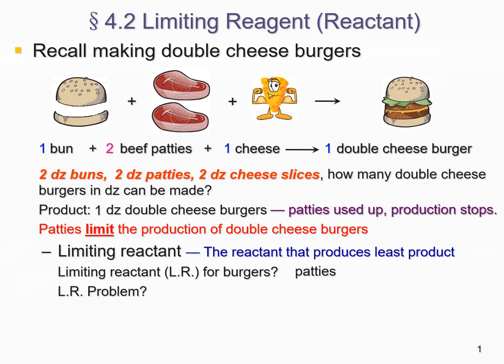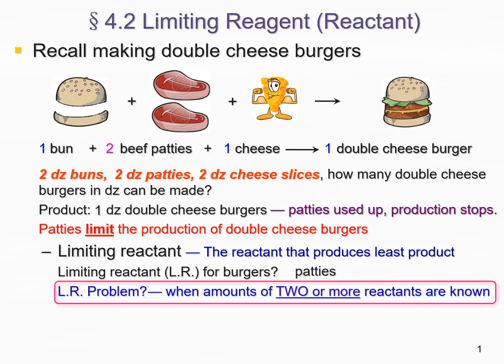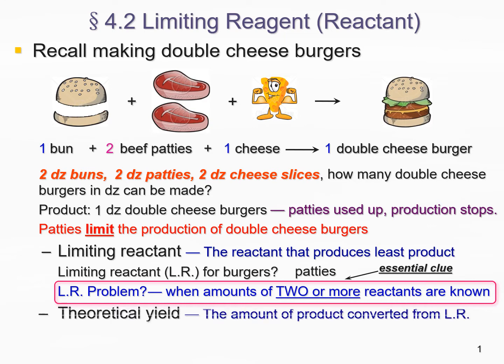So once we know the amounts of 2 or more reactants, that leads us to compare which reactant could limit the production. In other words, by reading a question, we need to realize how many reactants we know the amount of. That becomes an essential clue for picking up this type of calculation problem.